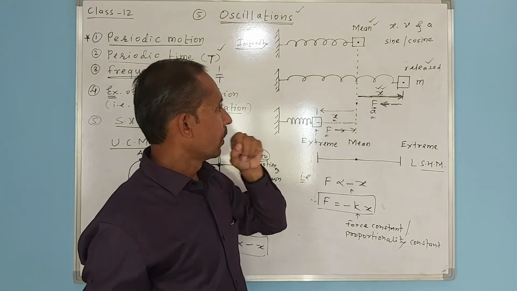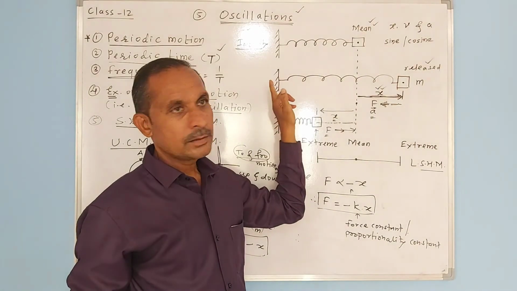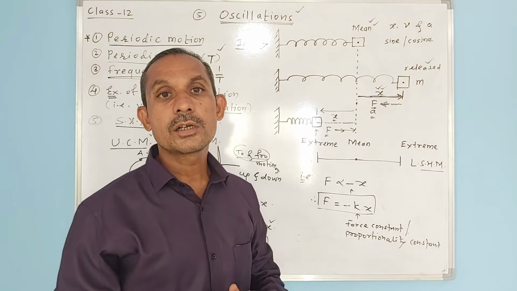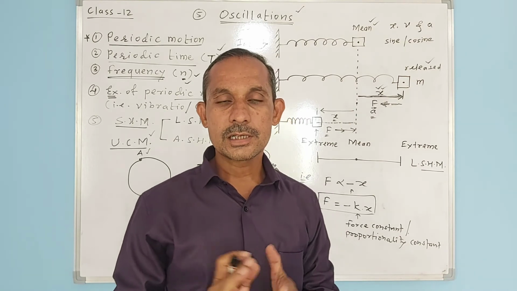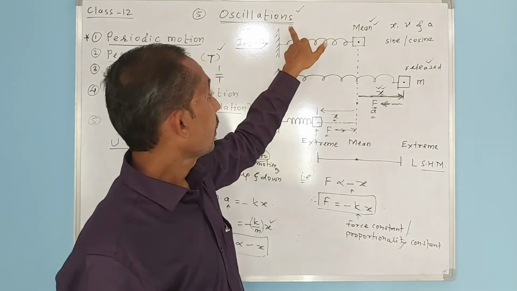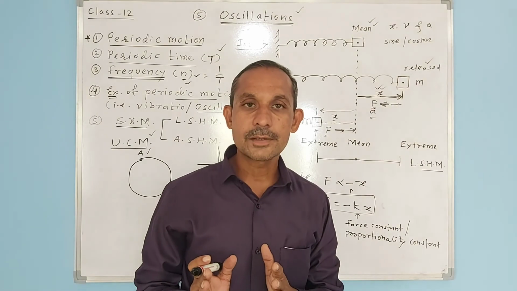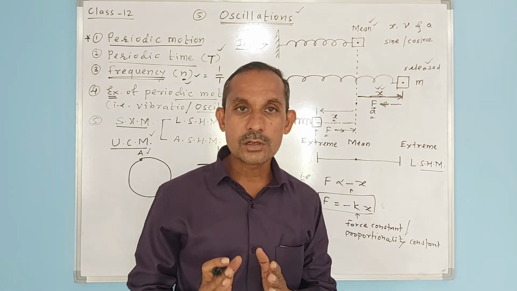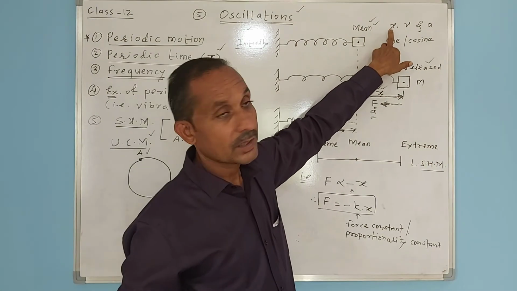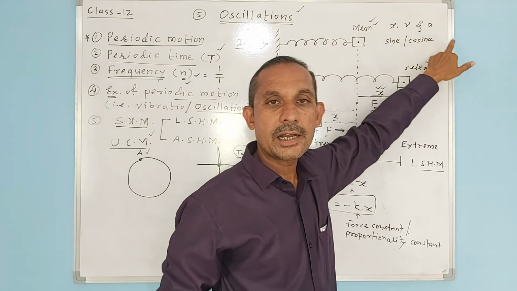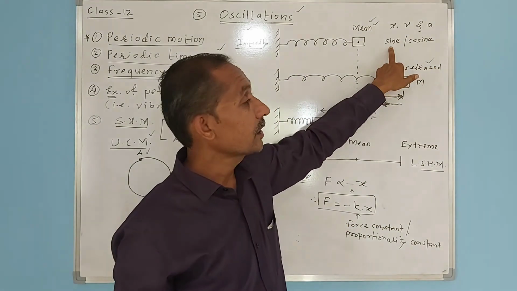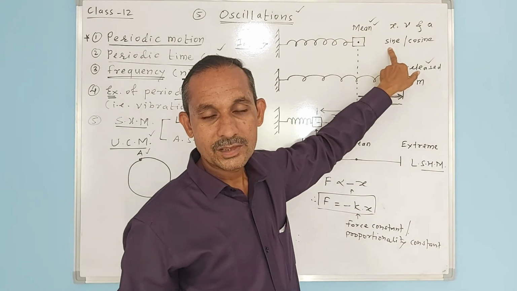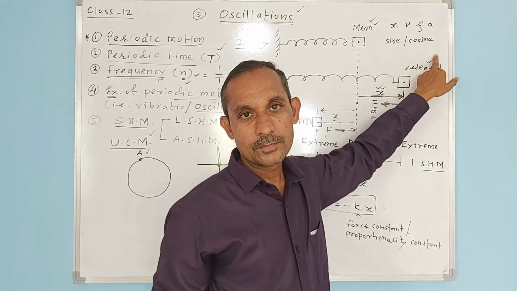Therefore, simple harmonic motion is also called harmonic motion. Oscillatory motion is also called harmonic motion because in oscillatory motion displacement, velocity and acceleration can be expressed in terms of the harmonic functions like sine and cosine.